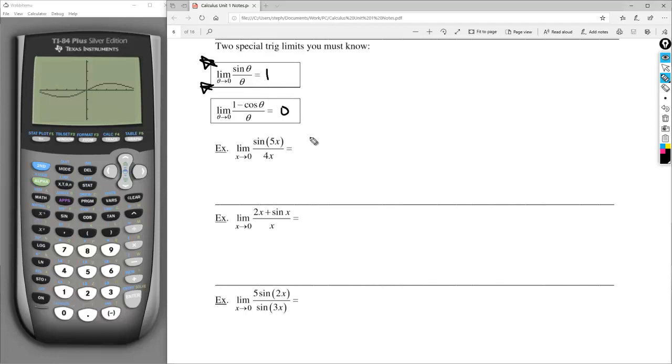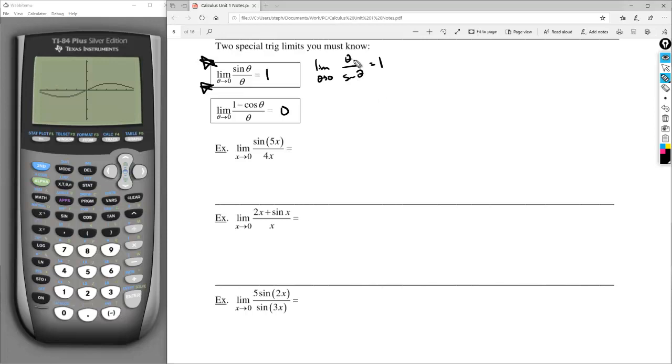And the reason being, because I can use this rule to come to a conclusion for slightly more complicated problems very easily. So if I take a problem like this, for instance, all that's important is that what is inside my sine and what is being divided are consistent. Now what I do find is that the limit as theta approaches 0 of theta over sine of theta is also 1. Right? All that matters is the ratio.